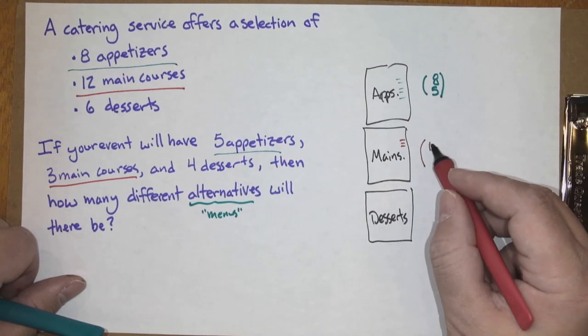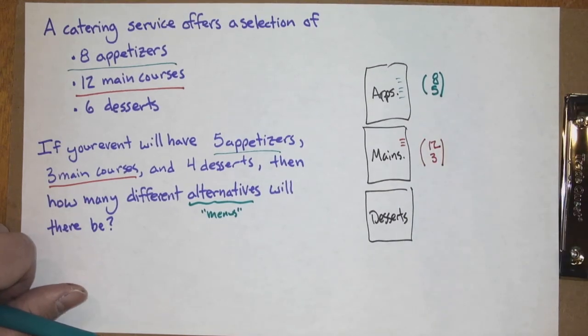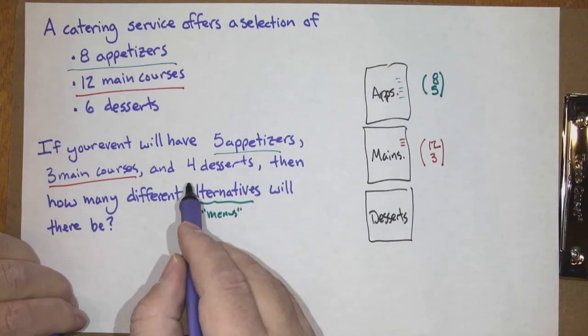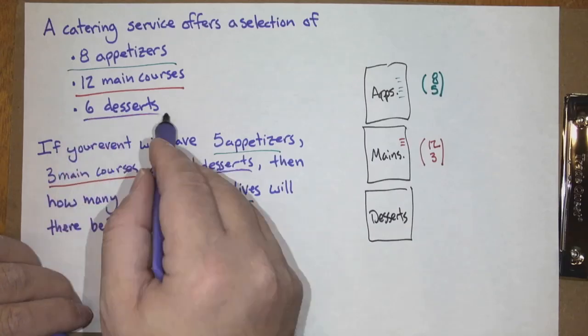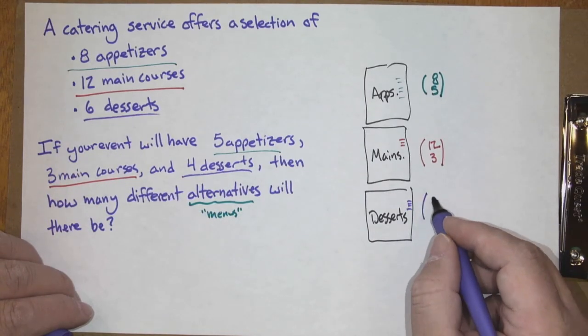There's 12 that we could pick. We're going to choose 3 of them. So we're choosing 12. Sorry, there's 12. We're going to choose 3. For desserts, we have a sweet tooth. We don't want to limit ourselves too much with desserts. So there's going to be 4 desserts out of the 6 possible available. And so we say, okay, there's 6 desserts.